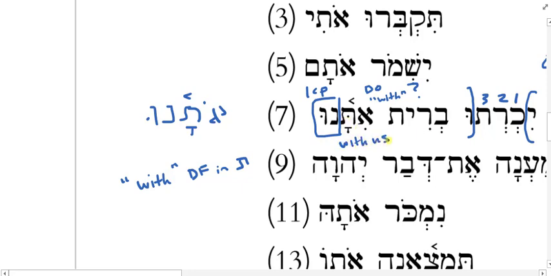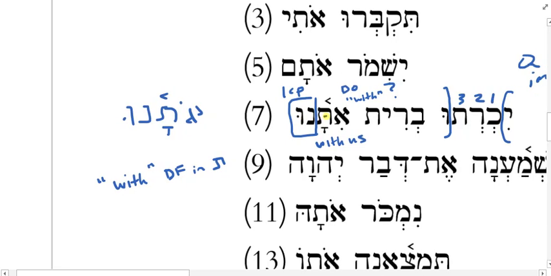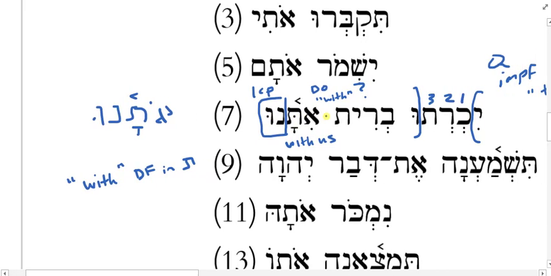Okay? With us. Now, that's one reason to go with "with us," is that you can tell the difference in form. But if you didn't remember that, there is a second reason to not translate this as the direct object marker and "us," but to translate it as the preposition "with" and "us."